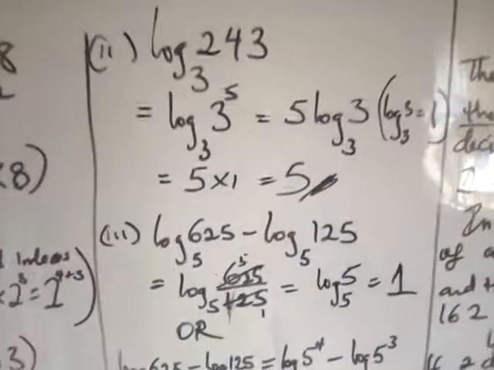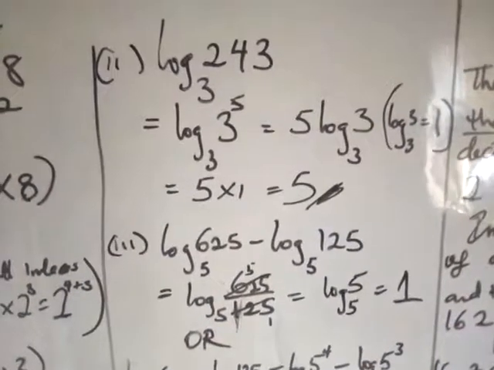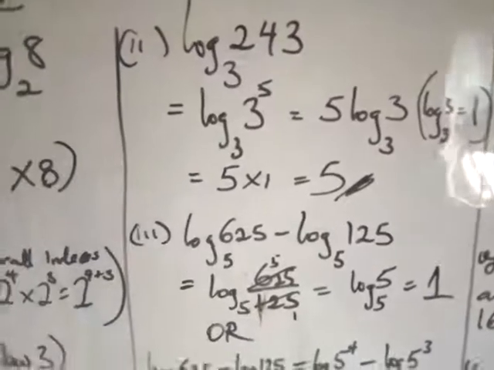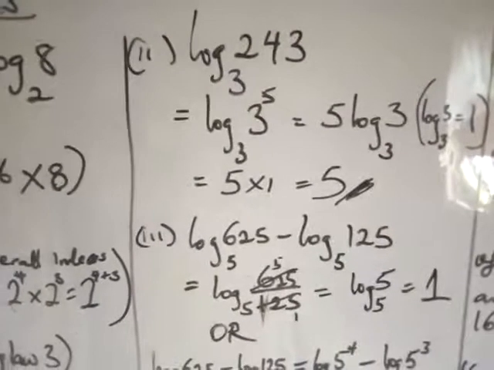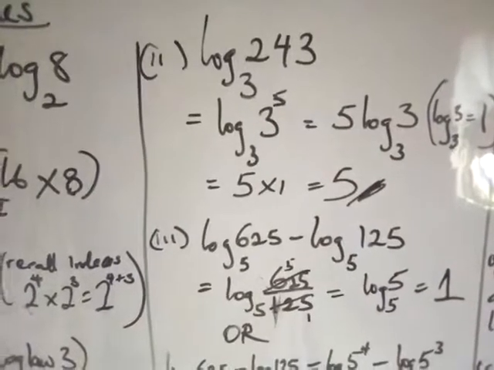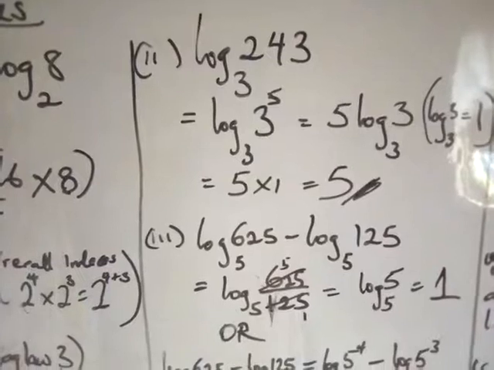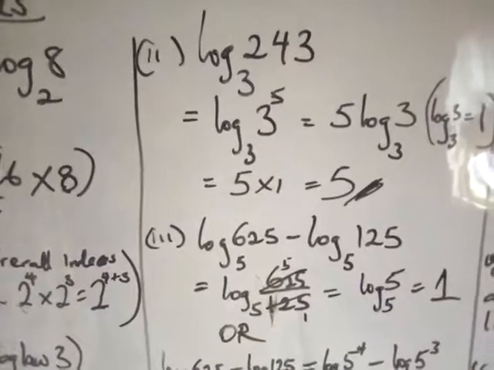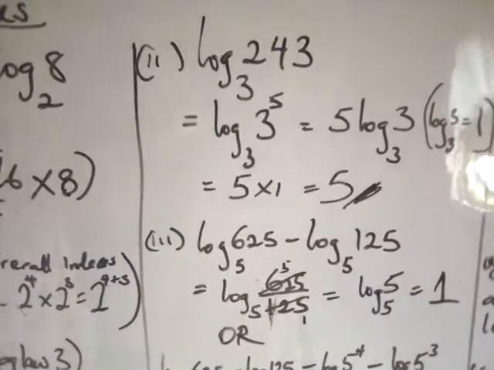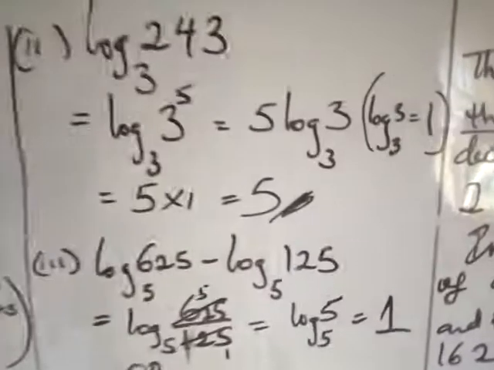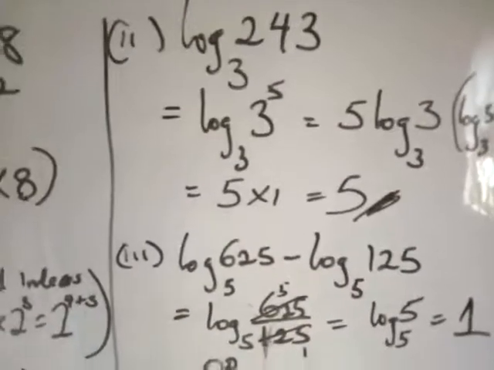And don't forget that log 3 to base 3 will give you 1. So checking from law 3, that power 5 will come behind. Then you have 5 log 3 to base 3, and log 3 to base 3 gives you 1. Then 5 times 1 will give you 5.